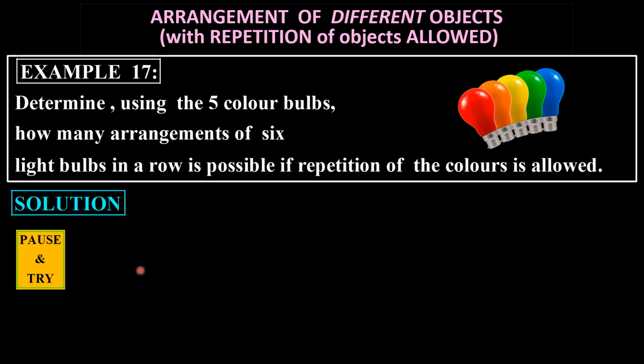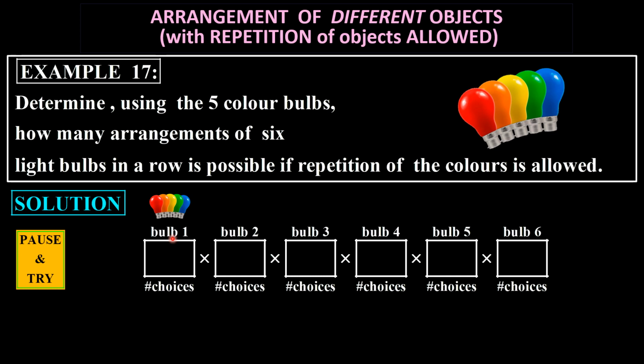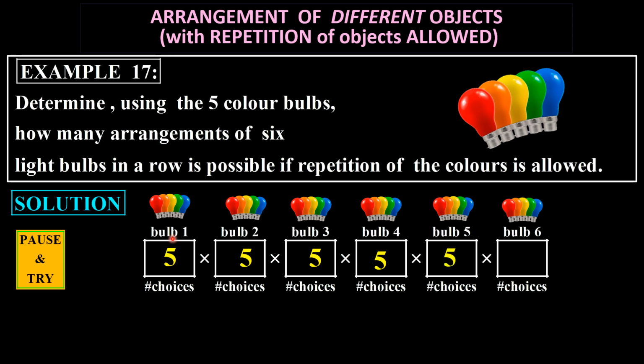So the first one, you can have bulb 1, bulb 2, bulb 3, bulb 4, bulb 5, bulb 6, right? Because repetition is allowed, I can have any of the 5 bulbs there. And for the second one, any of the 5, any of the 5, any of the 5, any of the 5.